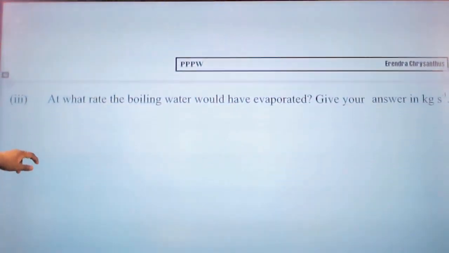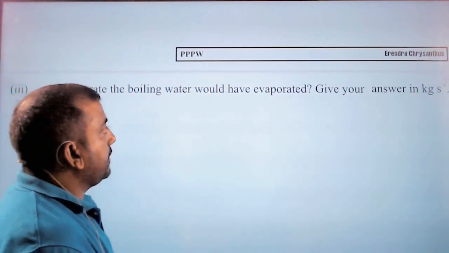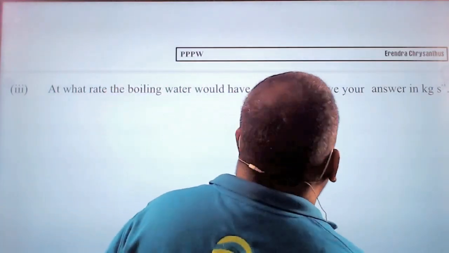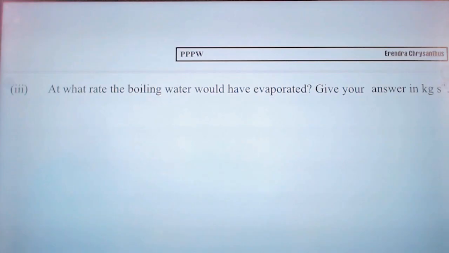Next one. At what rate boiling of water would have evaporated? Give your answer in kilogram per second. At what rate boiling water would have evaporated? Power is given.